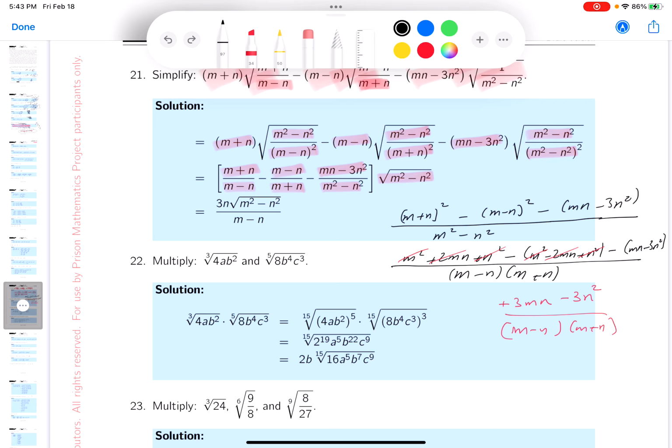All right, this is plus, so I'm going to get 3. And again, remember that minus 3n squared is plus 3n squared. So I get 3n, m plus n, on the bottom m minus n, m plus n. What cancels there? That. What we're left with is 3n over m minus n.